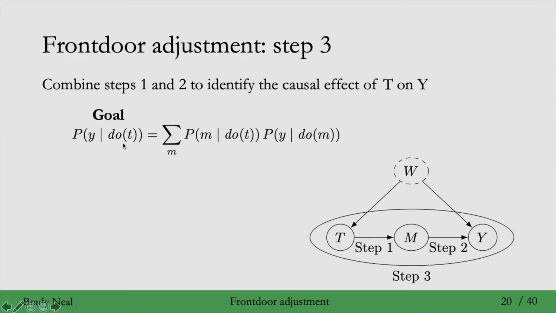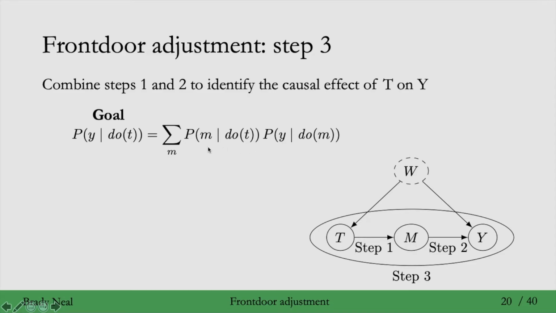So we have some value of t here that we're interested in measuring the causal effect of. And what we do is we look at the effect of t on m. So there's some specific value of m here that then we look at the effect of that m on y. And we're chaining those 2 together.